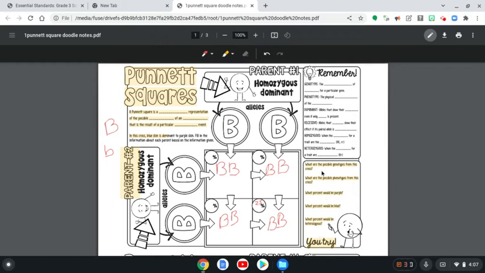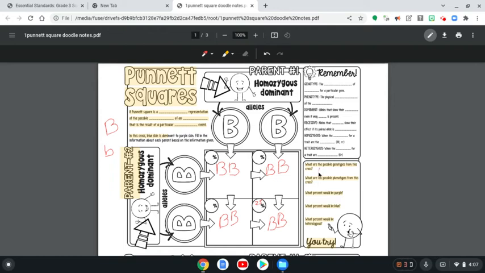So what are the possible genotypes from this cross? If we look, we only have one genotype, because genotypes are the letters that make up the trait.